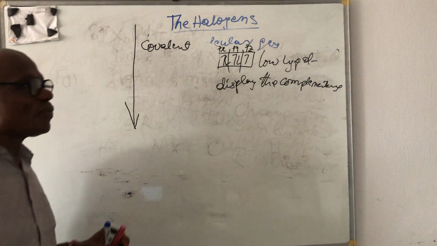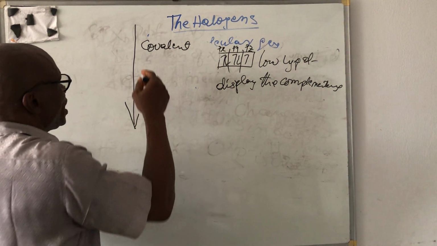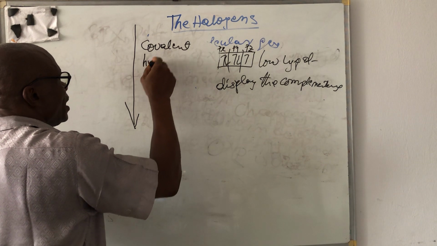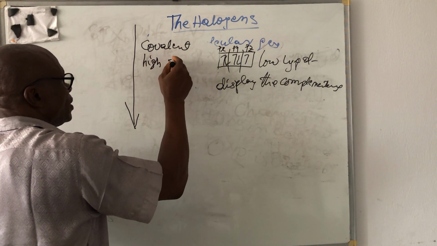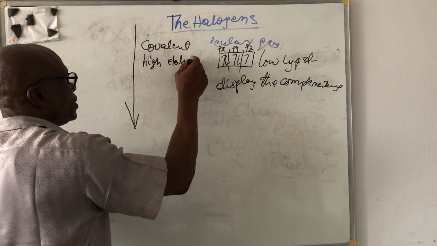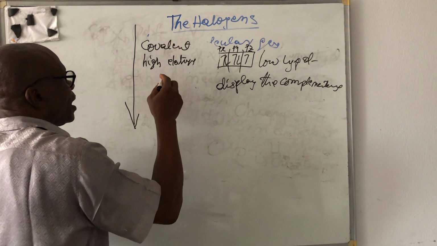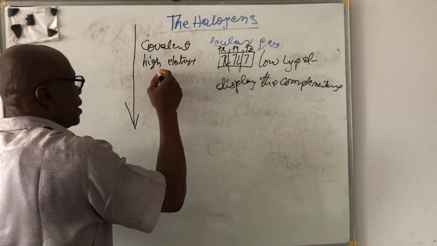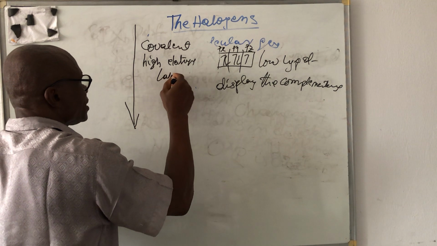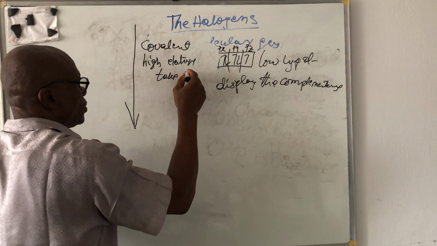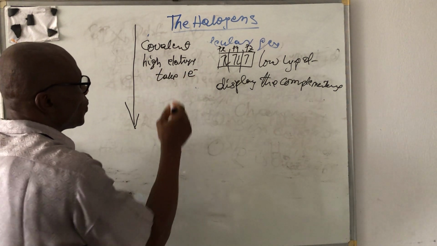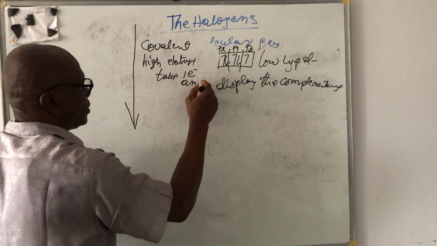But because of their high electronegativity, they are able to take or accept one electron to form an anion.